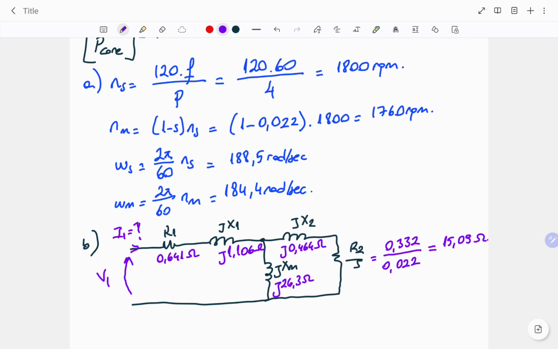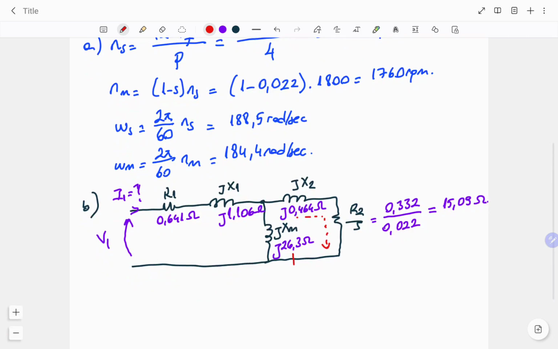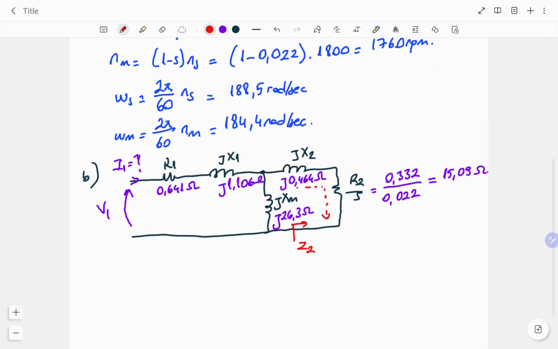When we examine the circuit, we can start from the right part, and first of all we have two series connected components. If we say Z2 is defined as the impedance for the right side, Z2 will be R2 over S plus jX2.